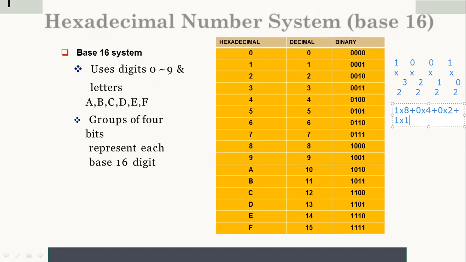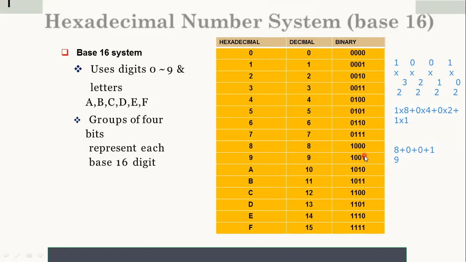So 1 into 8 is 8, plus 0 plus 0 plus 1. That is 9. In this way, for 1001, the equivalent decimal is 9.